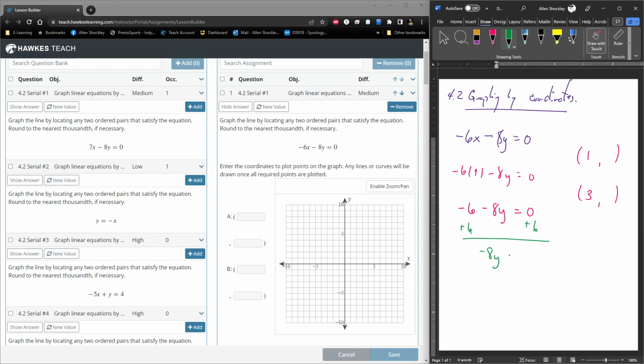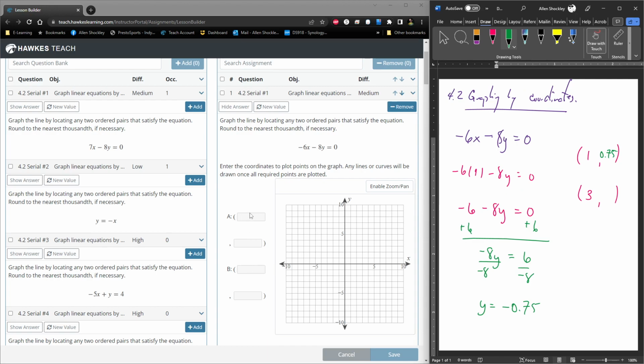I get -8y equals 6. Divide by -8, and y will equal a negative 0.75.